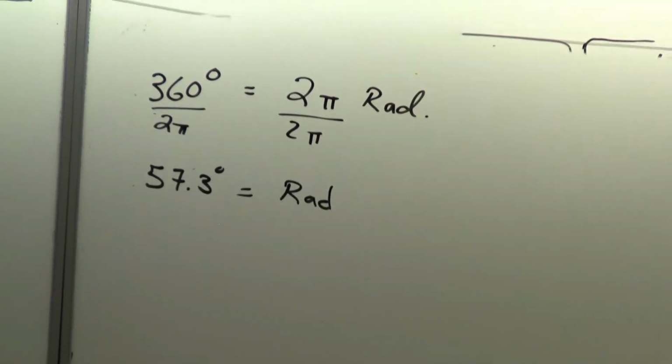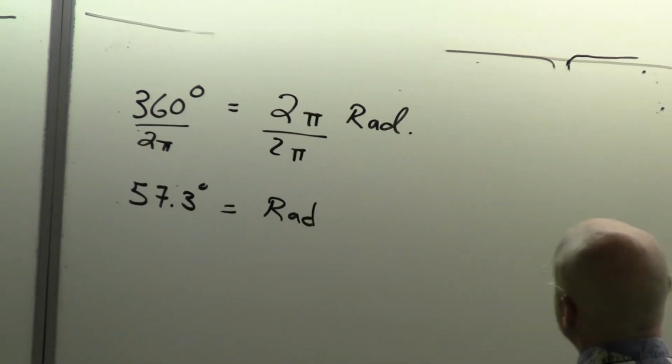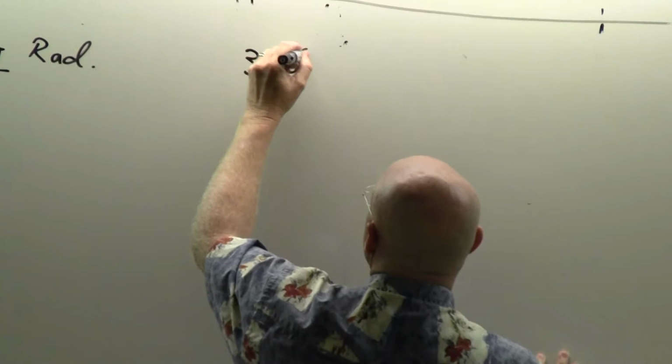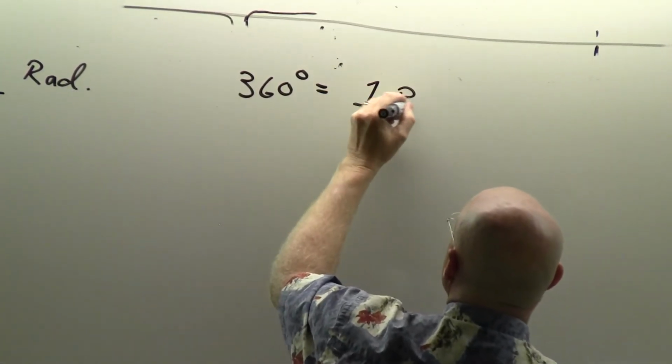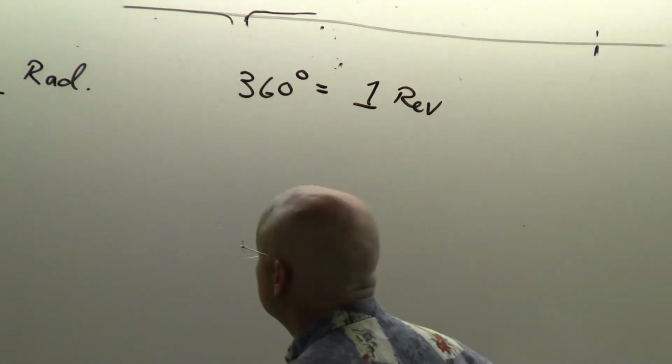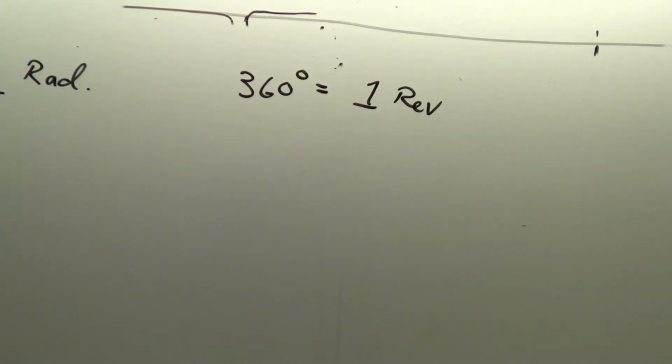Of course, another option is to say 360 degrees equals 1 revolution. And so again, if you knew it in degrees, could you get it in revolutions? Or if you knew it in revolutions, could you get it in degrees?